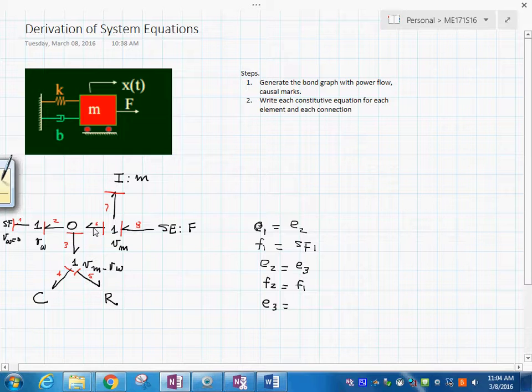E3 is determined by the summation of these two. So this is E sub 4 plus E sub 5. What is F sub 3? F sub 3 is going to be equal to F6 minus F2.